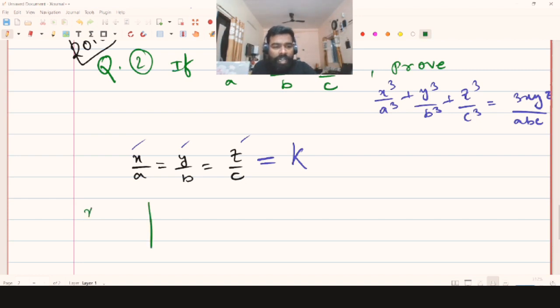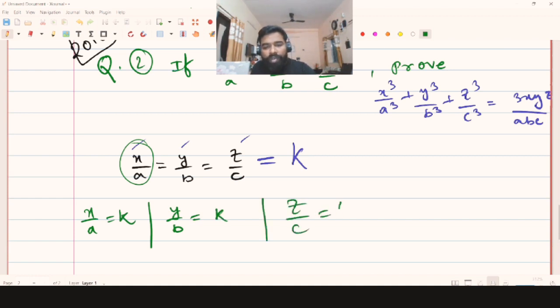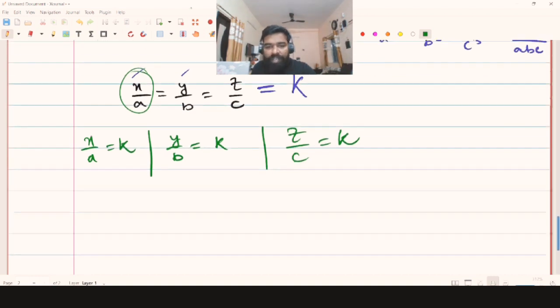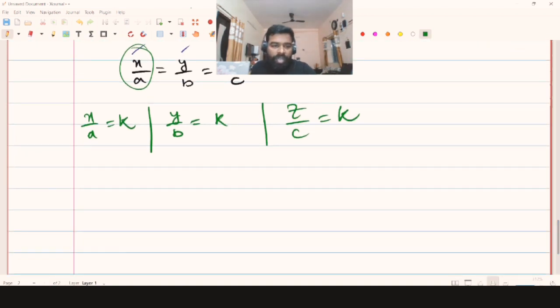Hence I can write x by a is equal to k, that is the first ratio, and then the second ratio y by b is also equal to k, and the third ratio is also equal to k. So then you cross this a, you get ak, and then you cross this b, you get bk, and then you cross this c, you get ck. So we have these three.